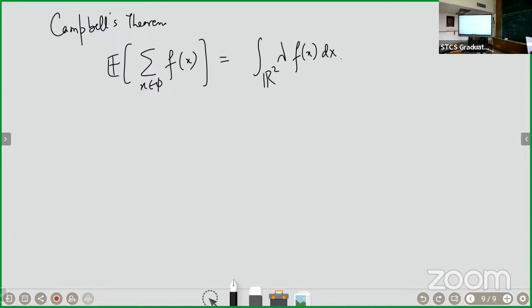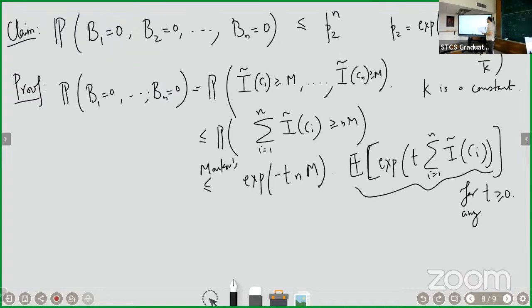Once you're done with that, you use the monotone convergence theorem to apply it for all possible functions. In the homework, I've only asked you to prove it for simple functions. If you want the full proof, you can look at any of the stochastic geometry books.